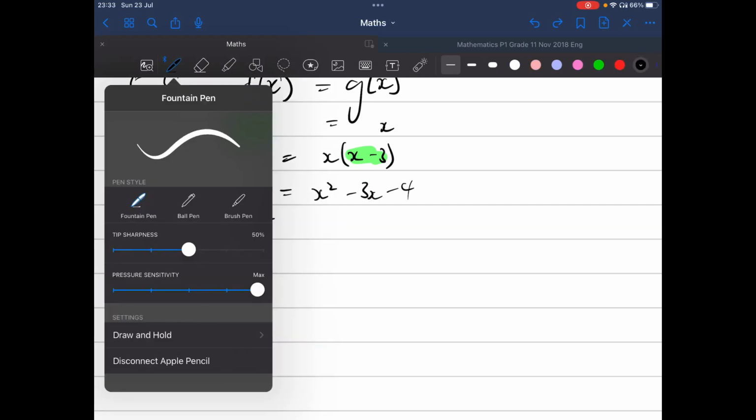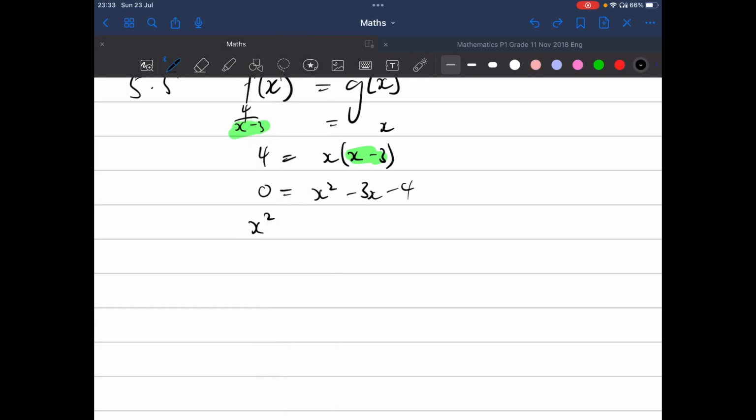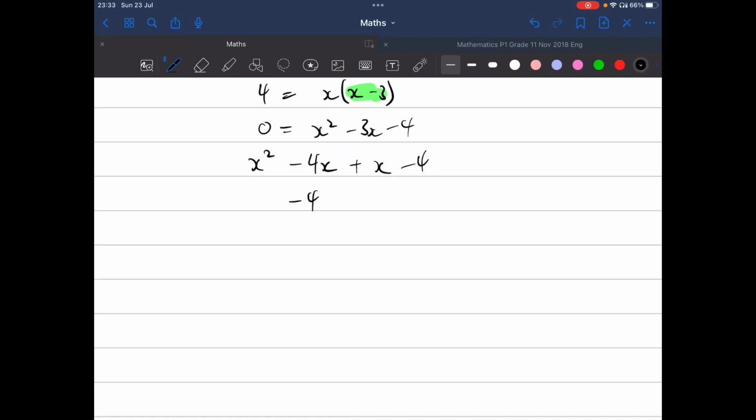Let's try minus 4 and plus 1. If I take minus 4 plus 1, I get minus 3. If I take minus 4 times 1, I get minus 4. So that gives me my minus 3 when I add them, and my minus 4 when I multiply them.